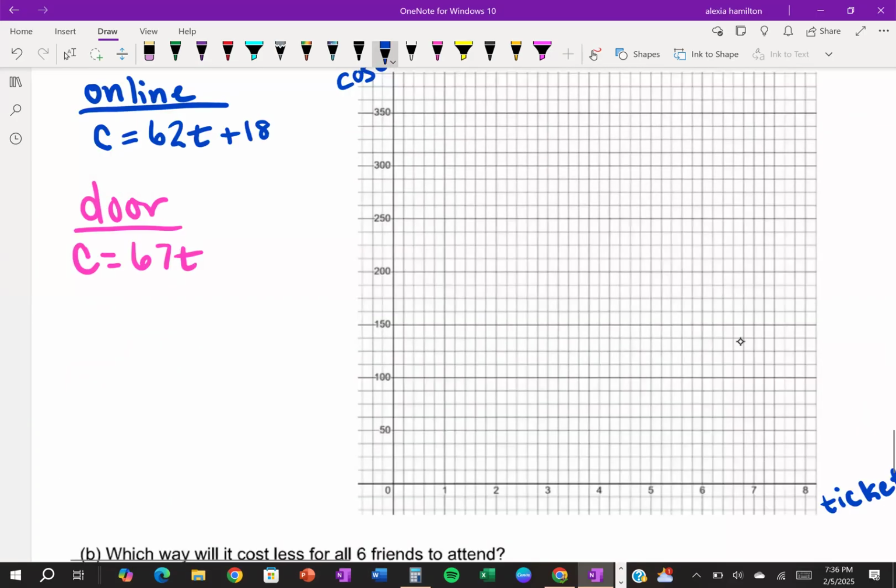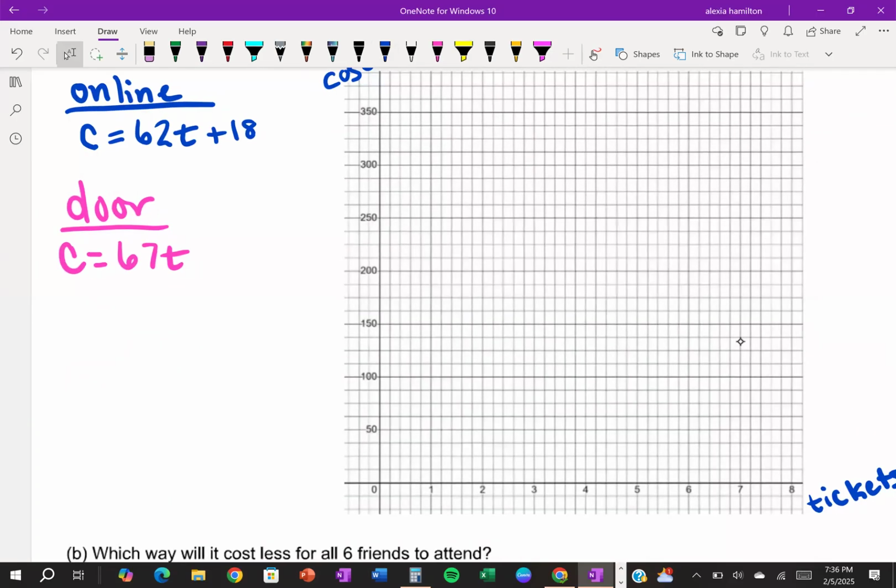So I'm starting at 18. 1, 2, 3, 4. Oh, that's not even counting by 10. It's still only four lines to get to 50.